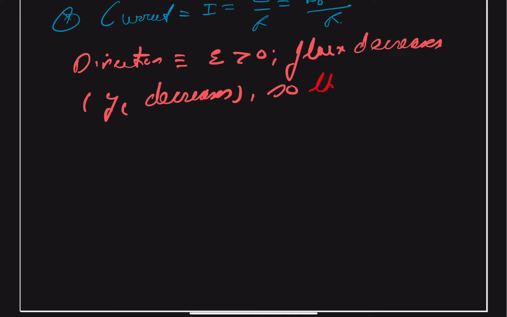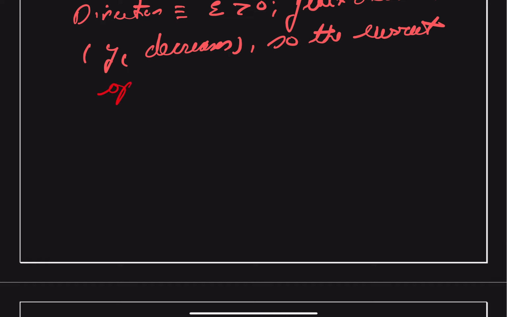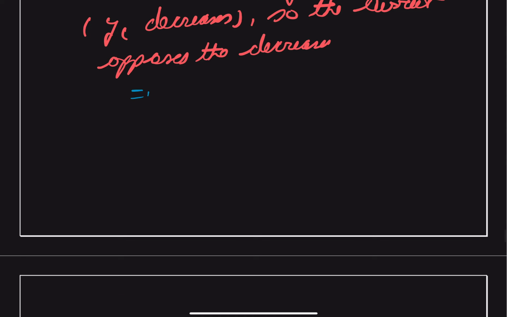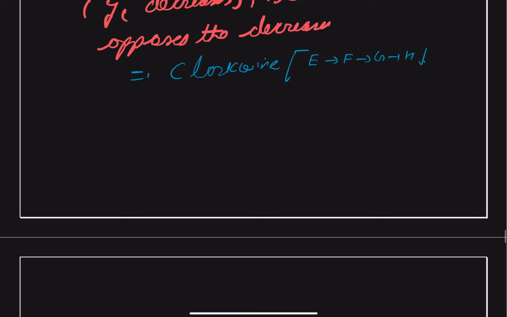Therefore, the current opposes the decrease, and the current because of this will be clockwise, or we can say from E to F to G to H. Okay, and it is viewed from the top along the positive Z direction, when viewed from above, that is our positive Z.